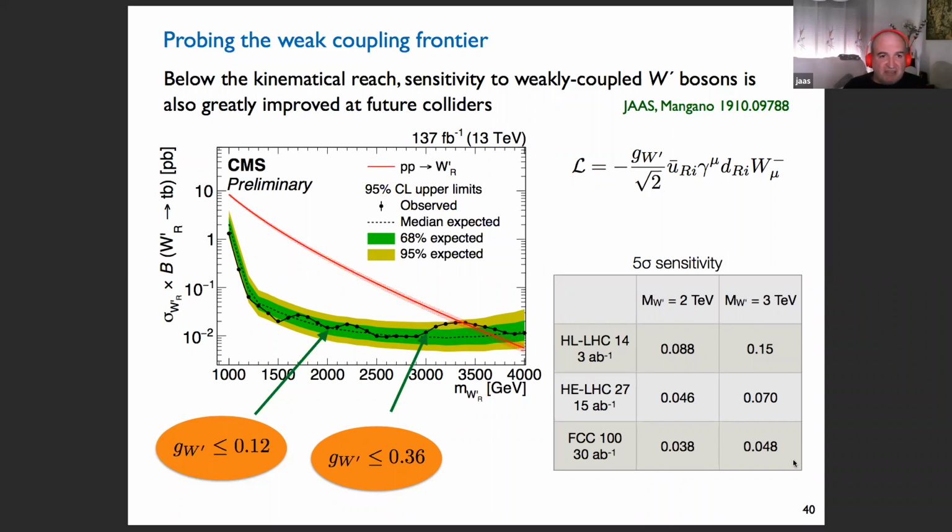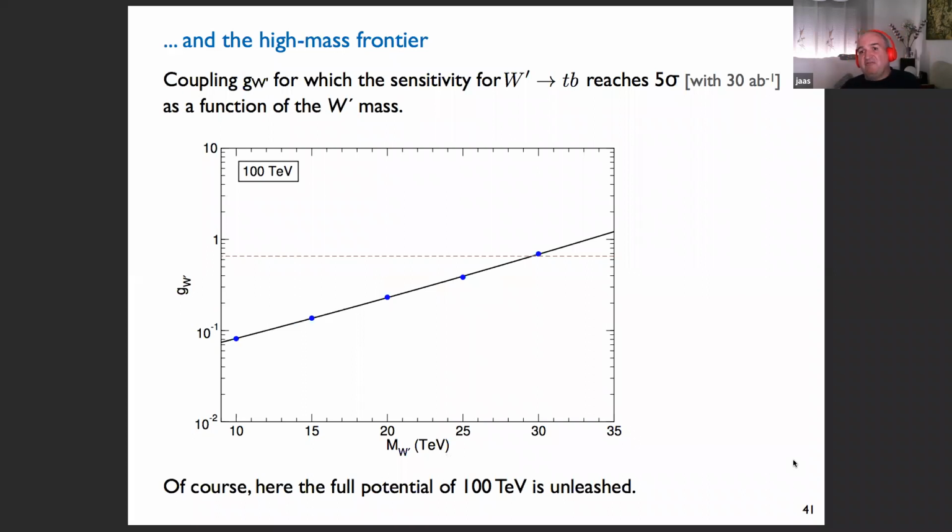So it's an interesting exercise to know that even if we have very weakly coupled new resonances, we will be able to see them. And of course, what a 100 TeV machine works best for is to go to high masses.